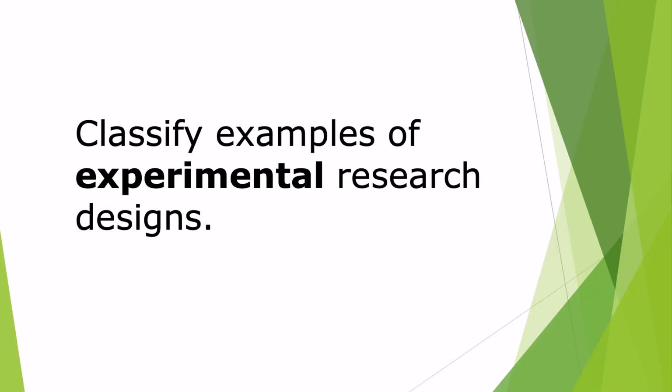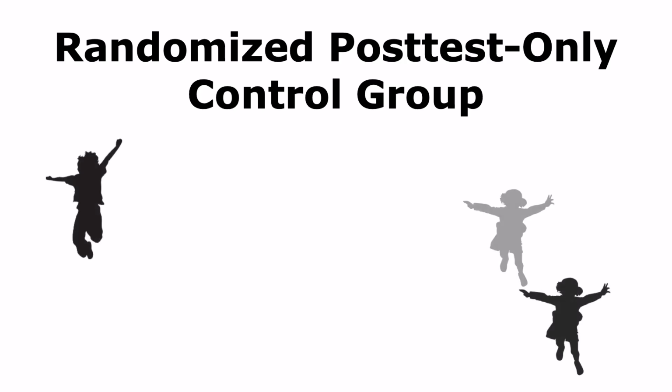So you must also be able to classify examples of experimental research designs. Here are some of the most commonly used in educational research. First, there's the randomized control group. It's an experimental design involving at least two randomly formed groups.